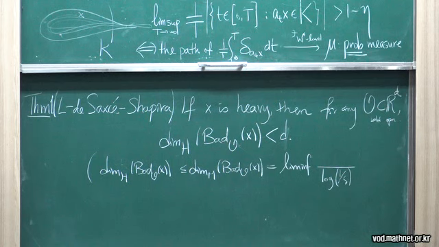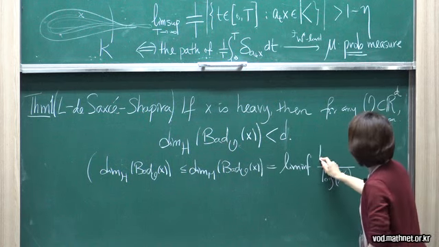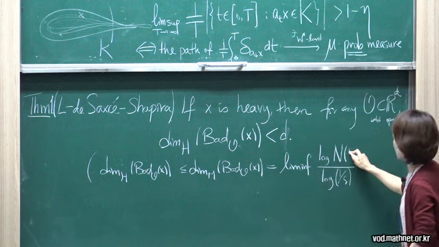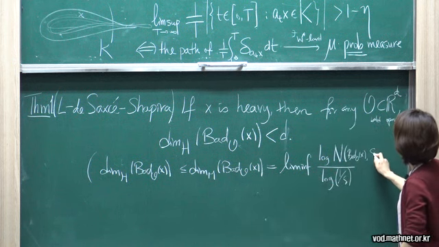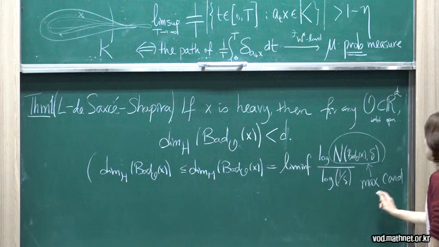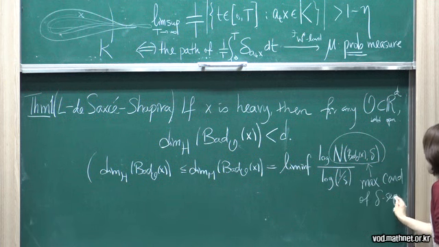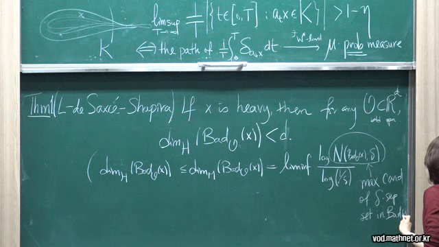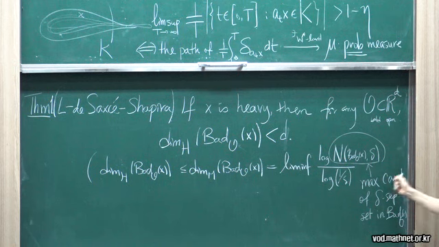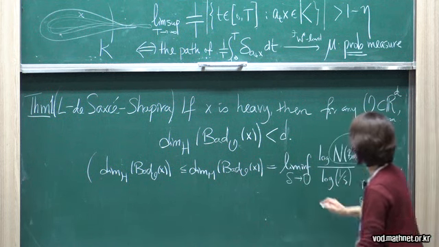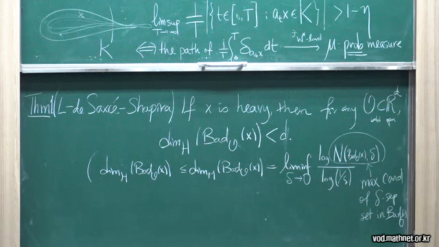The denominator is log of 1 over delta, and the numerator is log of some number of that set, where N(delta) is the maximum cardinality of delta-separated sets in the set bad ∩ O. So you have a set and you look at delta-separated sets and their maximal cardinality, and some sort of exponential growth as delta goes to zero is the Minkowski dimension.